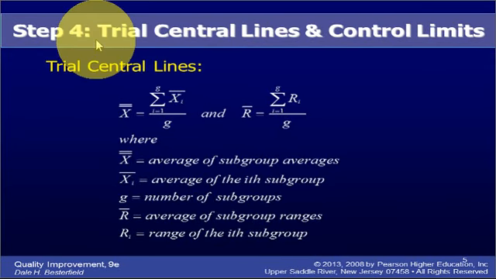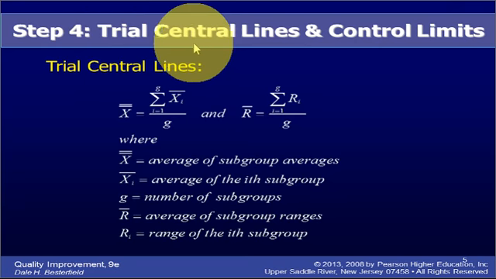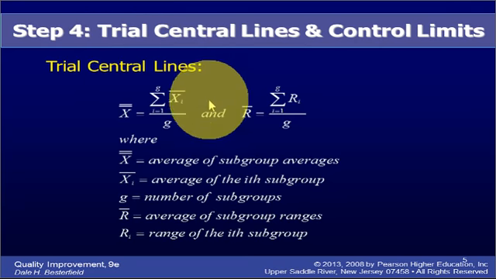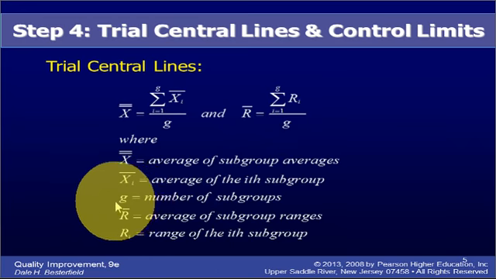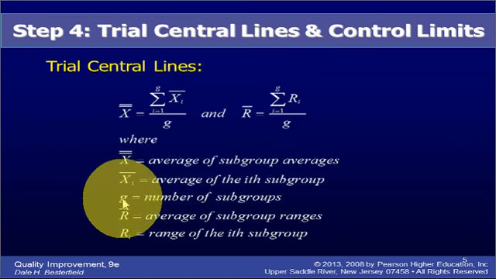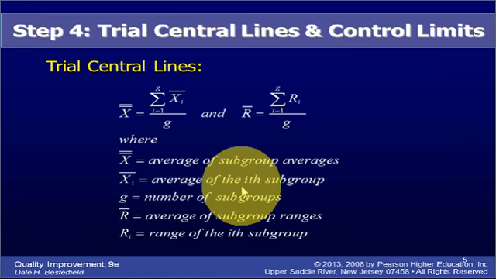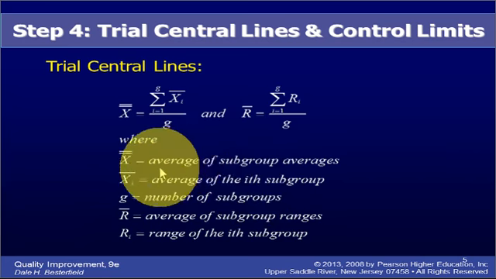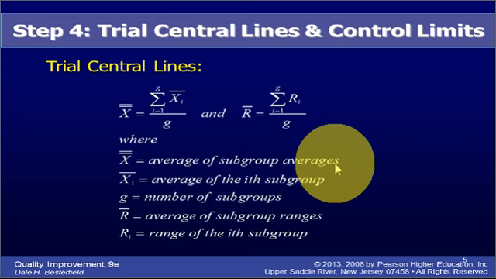Step 4 involves computing the trial central line and control limits. G stands for the number of subgroups, so we have a total of G subgroups, and Xi stands for the average of the i-th subgroup. What we need to set for the central line is the average of subgroup averages, an average of averages.